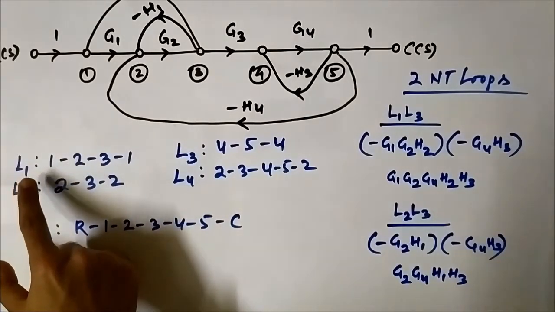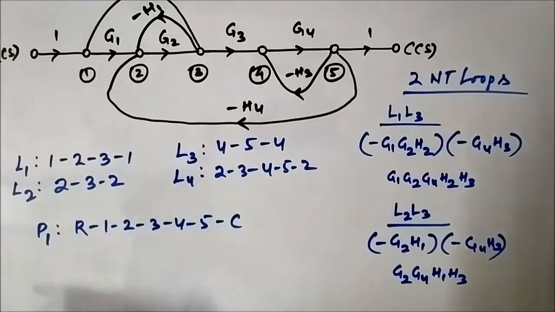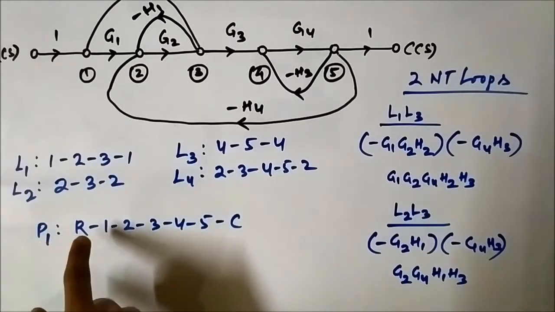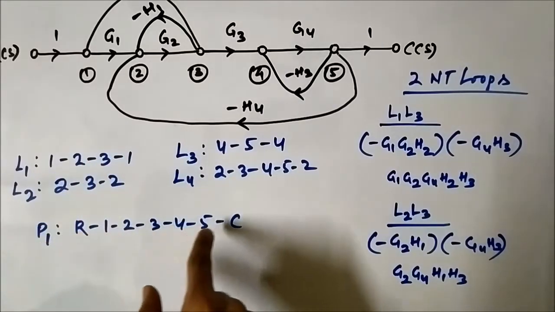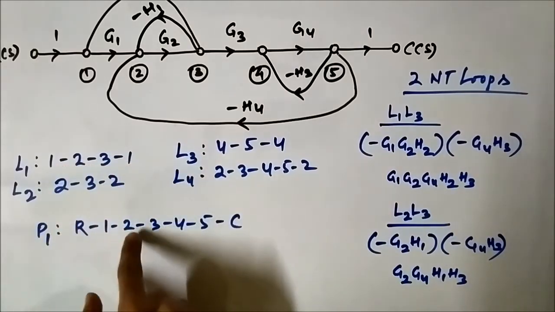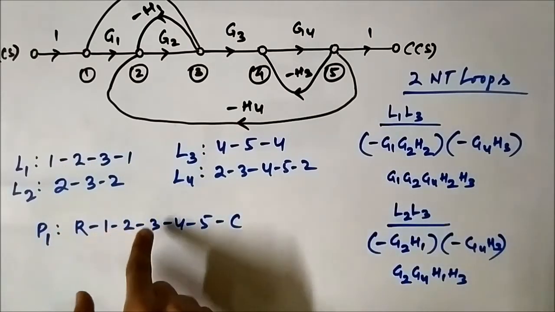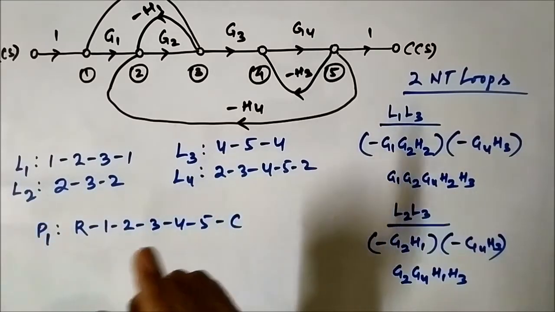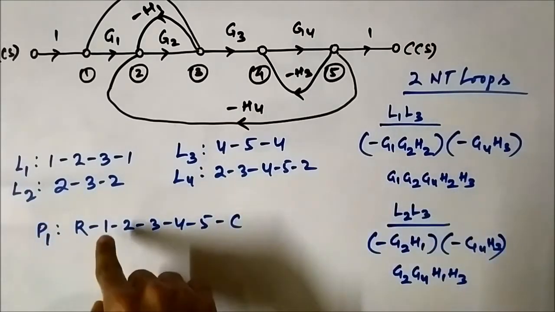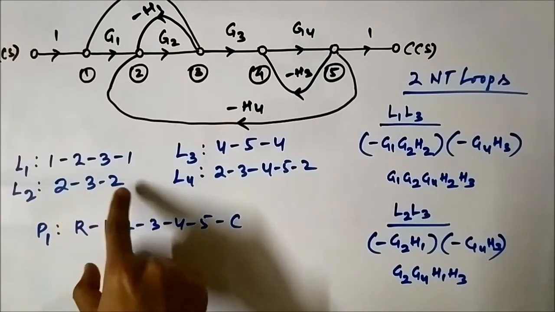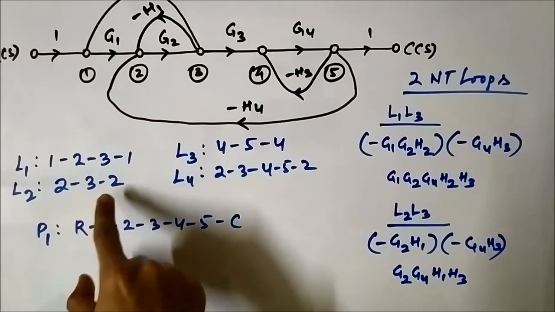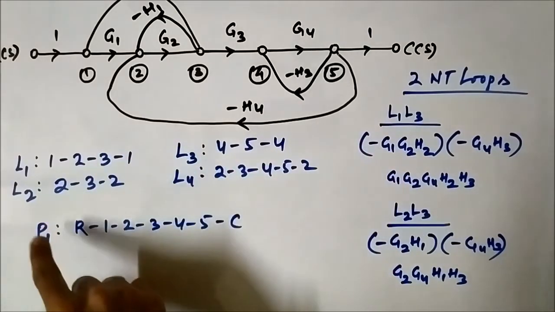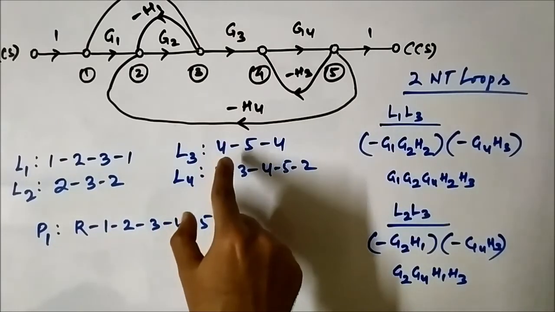So loop number 1 is 1 2 3 1, and path 1 nodal representation is R 1 2 3 4 5 C. Here it is also 1 2 3, so path 1 is touching loop 1. Similarly with loop number 2, it is 2 3 2, here it is 1 2 3, so 2 3 are common nodes, so P1 is touching L2.